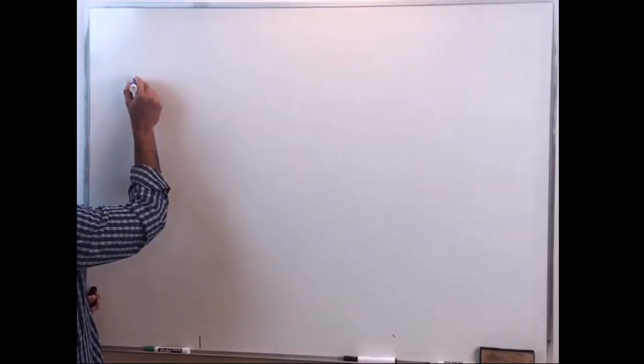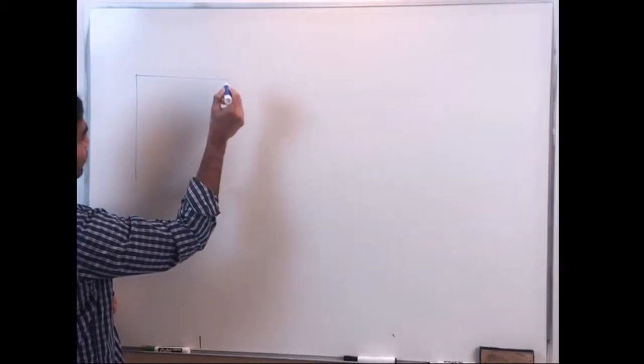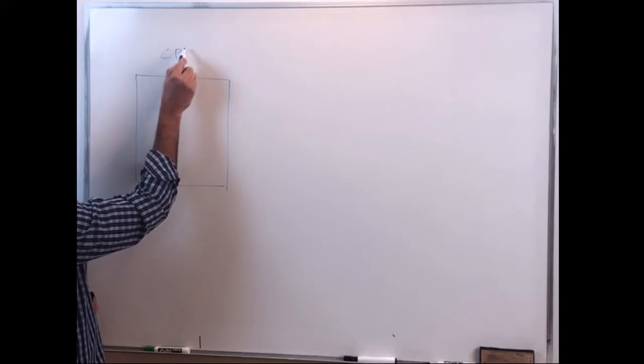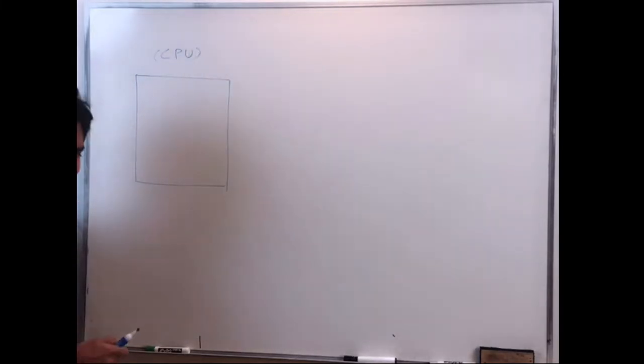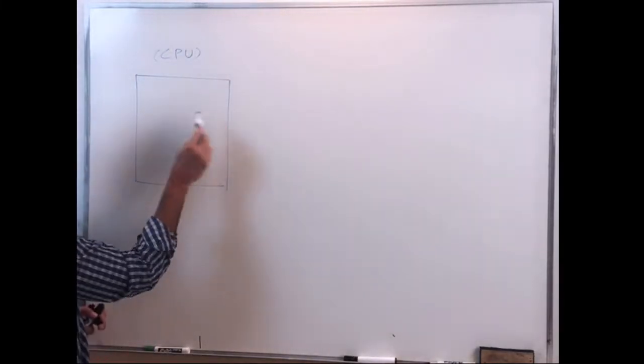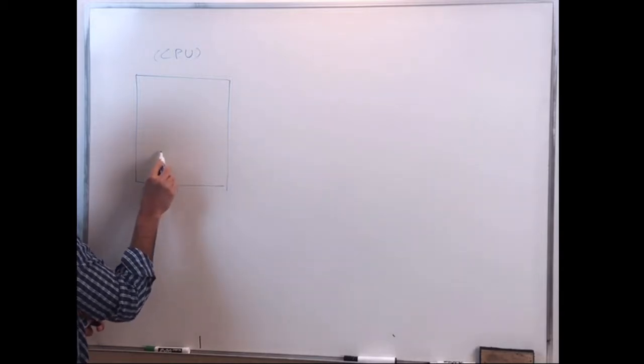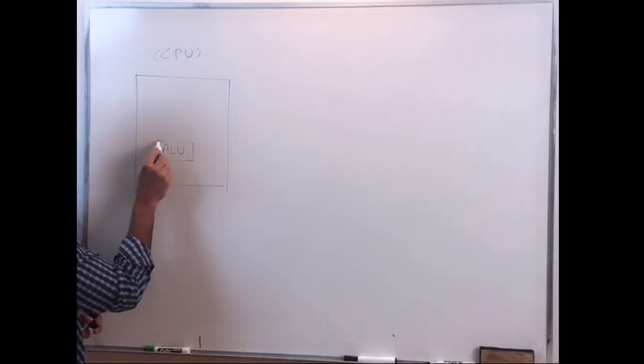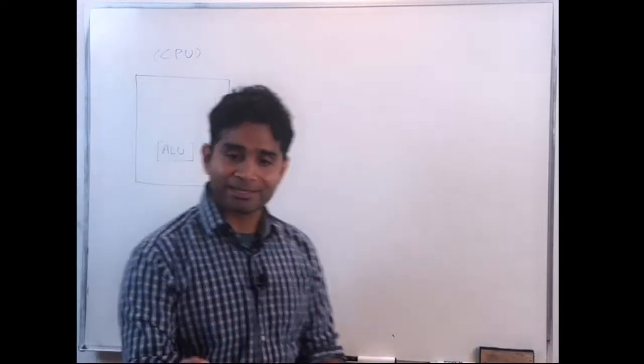So what you have is basically, you're working with this central processing unit, CPU. You must have heard this word CPU before. The central processing unit basically has your arithmetic logic unit, your ALU. It can perform your arithmetic operations. You know how to build the ALU already.